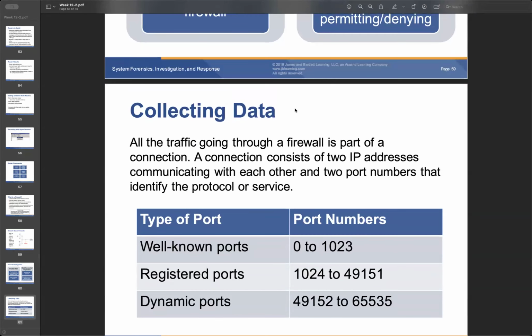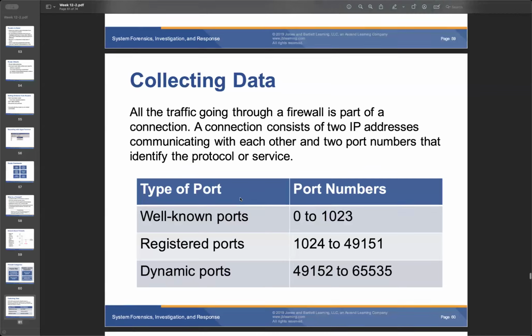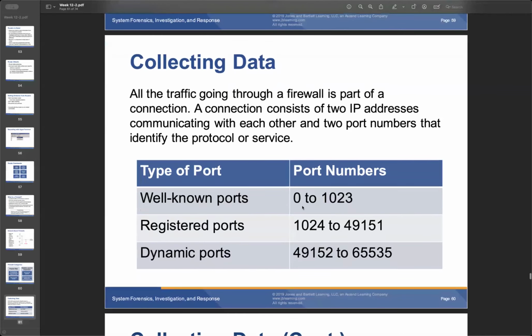And when we need to collect data, all the traffic goes through the firewall, so there is a connection. It will consist of two IP addresses communicating with each other, and also two port numbers, which identify the protocol or service type. Well-known ports are from 0 to 1023, registered ports 1024 to 49151, dynamic ports above that.